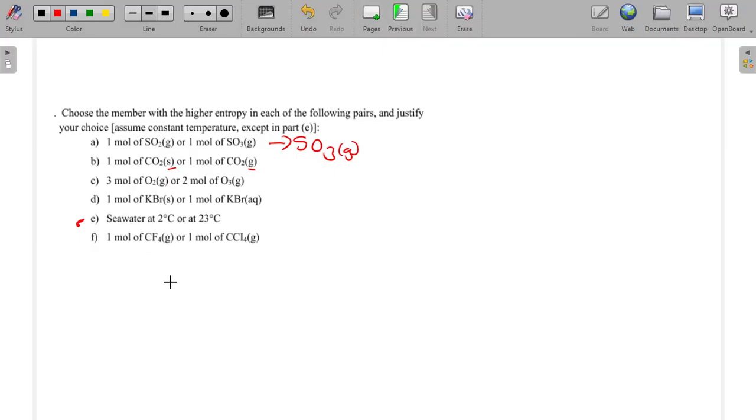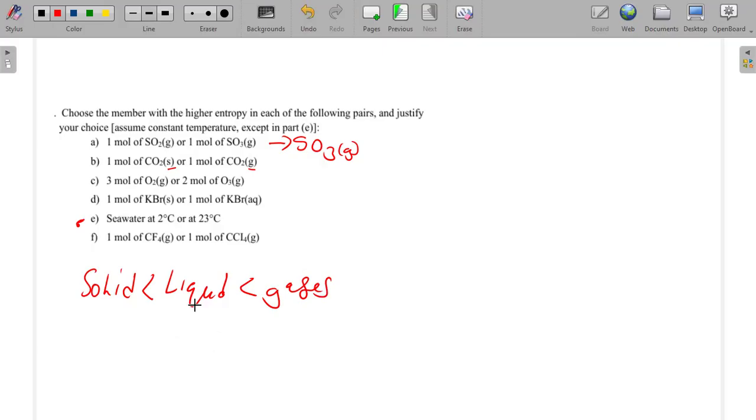In terms of state, you notice this range: as you move from solid going to gas, solids are going to have less entropy than liquids. Liquids will have higher entropy than solids, and then gases will have greater entropy than liquids.